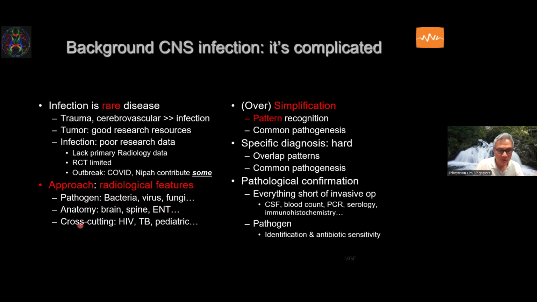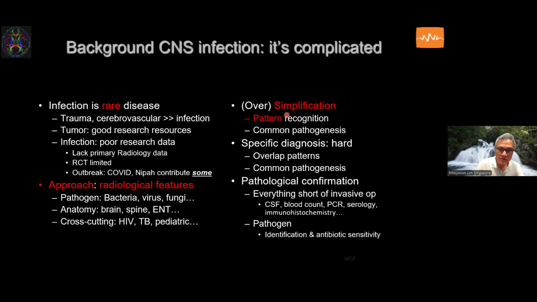But we have to be aware that many of these subjects cross the boundaries that I've just spoken of. For instance, HIV involves all the different opportunistic infections and some tumors as well. And of course, pediatrics will be another ballgame altogether.